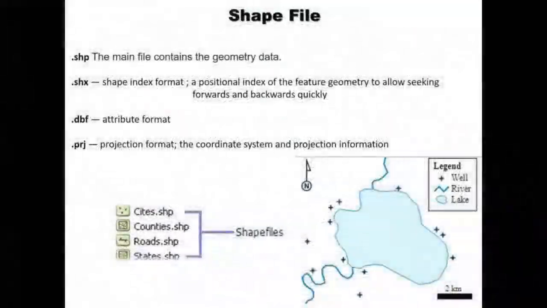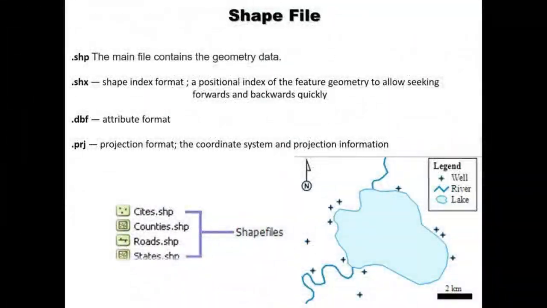The .shp file is the main file which stores the feature geometry, and .shx is the index file which stores the index of the feature geometry, and .dbf is the dBase table that stores the attribute information of features. Remember one thing, there is a one-to-one relationship between geometry and attributes which is based on record number. Attribute records in the dBase file must be in the same order as records in the main file.